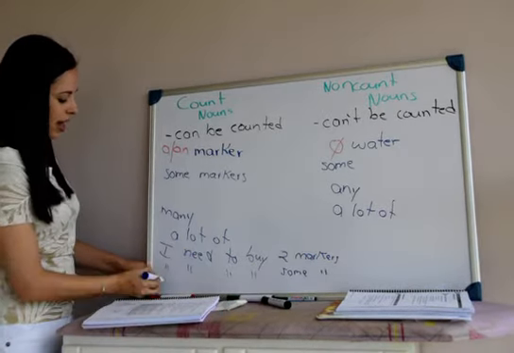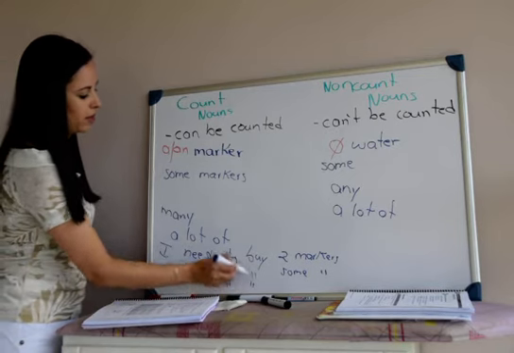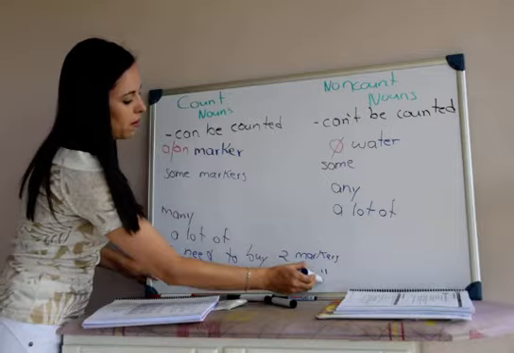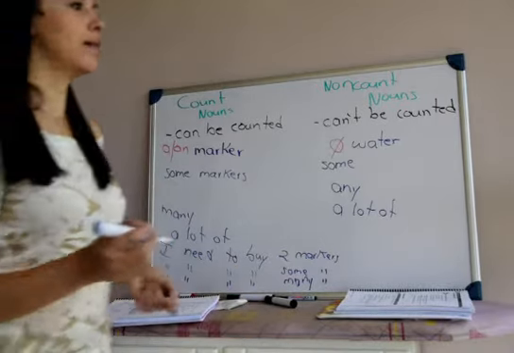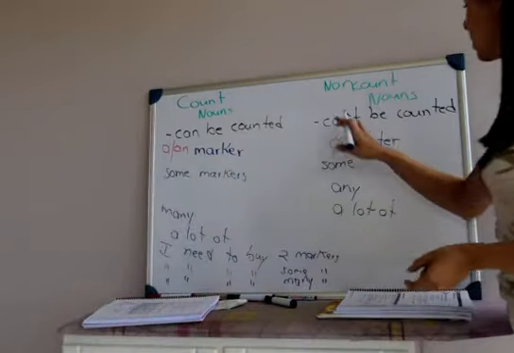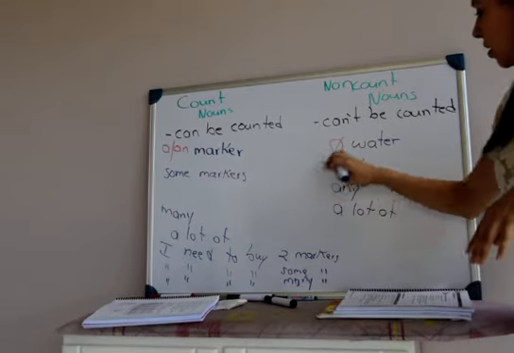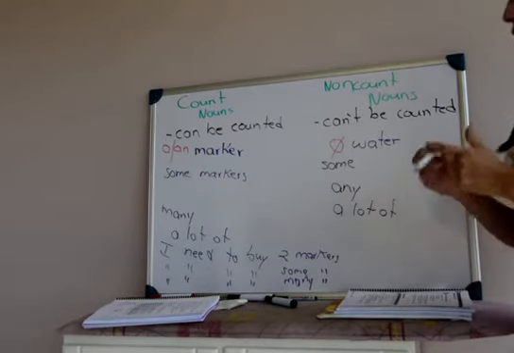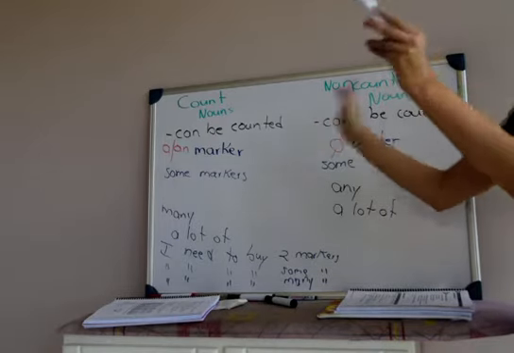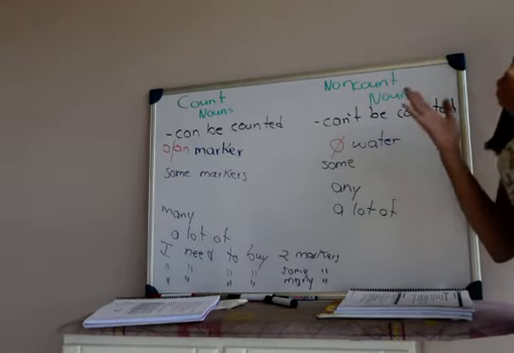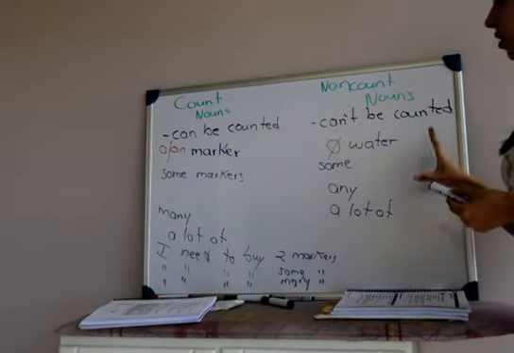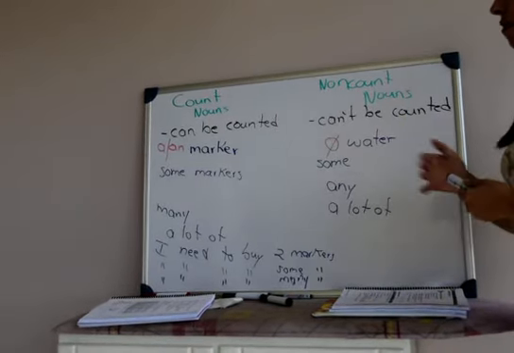Or you can say, I need to buy many markers. But in the case of water, you can only say, I need to drink some water, or I don't want any water, or my mom likes to drink a lot of water. Okay, so you are mixing count nouns, non-count nouns with quantifiers.